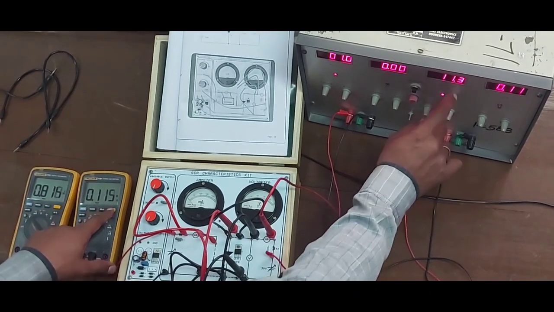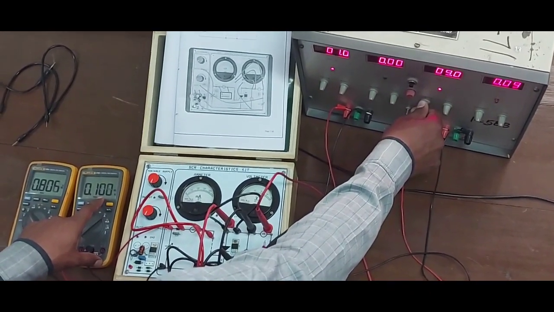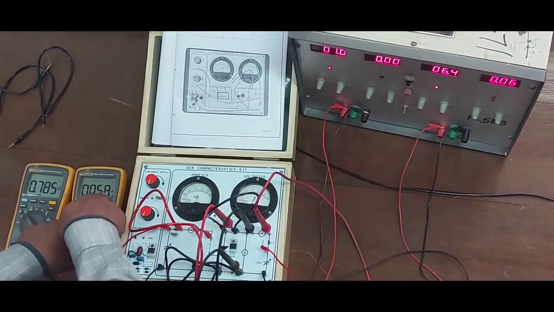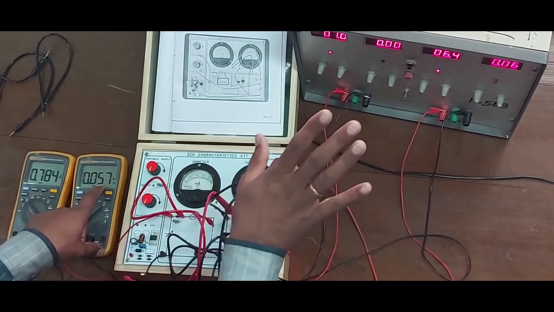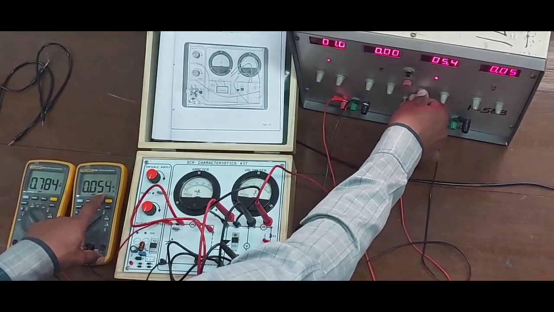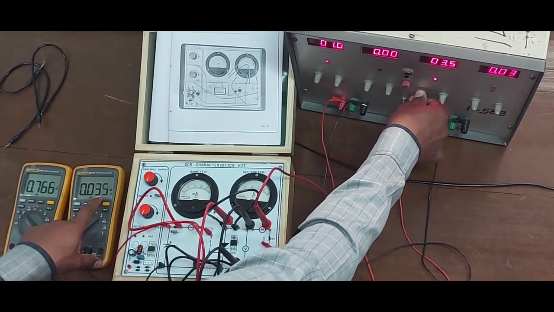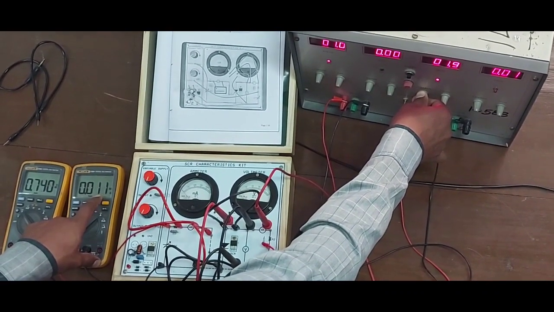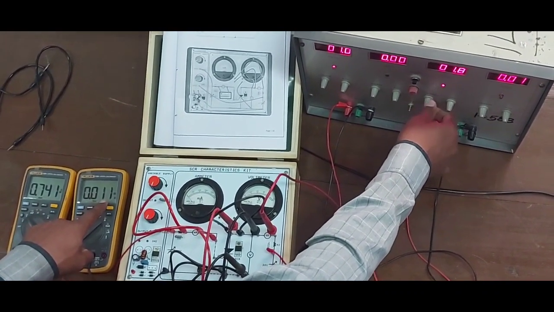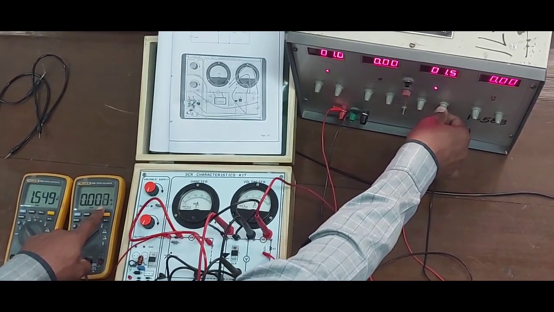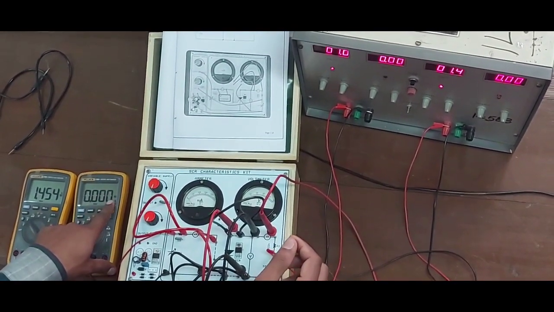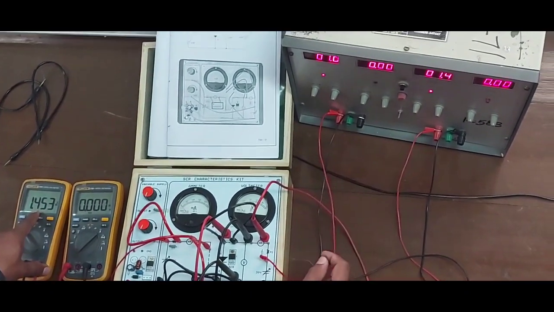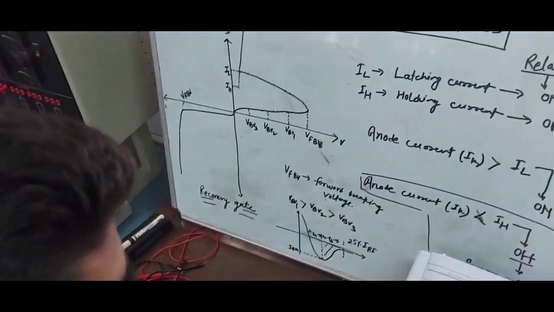Similarly, as I reduce the anode cathode voltage or battery voltage, the current also decreases. In this condition the SCR is in the on state. If you reduce to a lower voltage, it shows 12 milliamperes, 11, and suddenly the SCR turns off, and here the voltage appears as 1.4, the source voltage. Now you can see that the SCR has turned off completely.